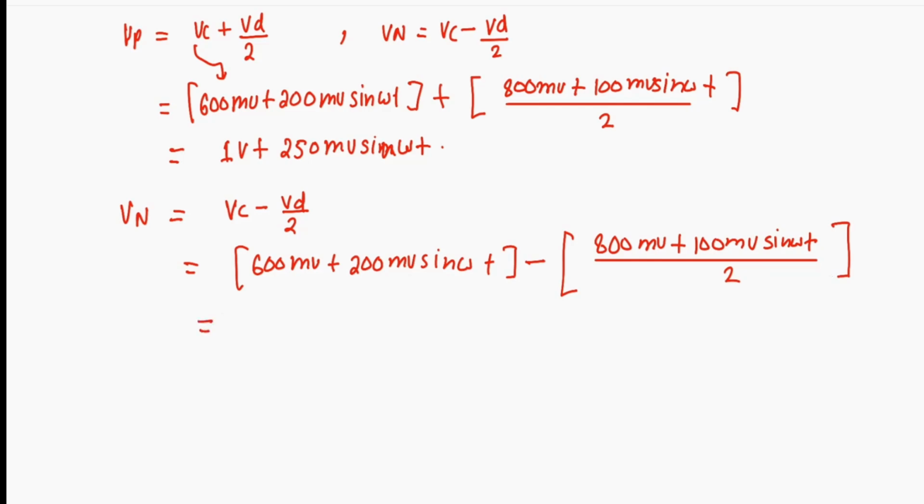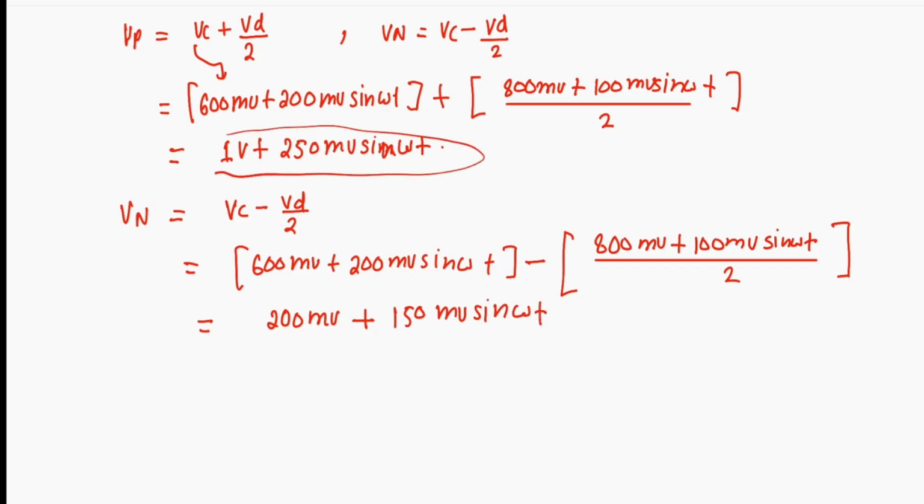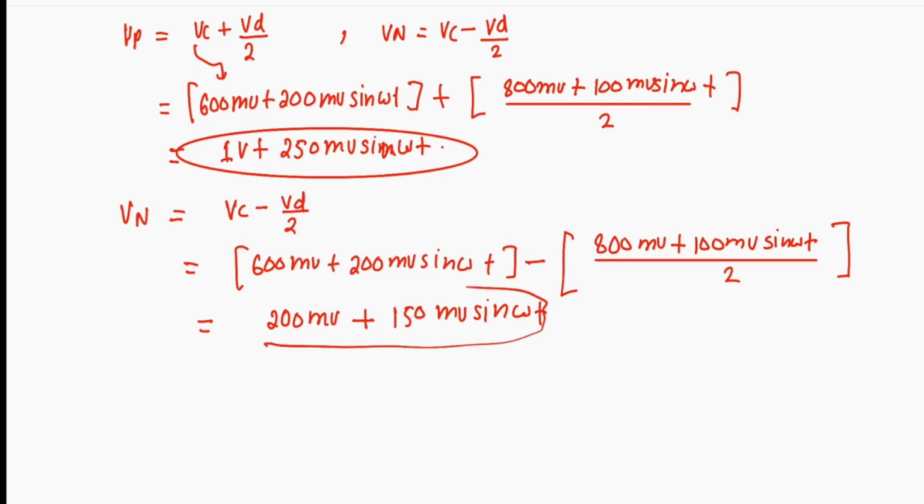So how much will this be? 600 minus 400, so this will be 200 millivolt, plus 200 minus 50, so 150 millivolt sin omega t. At the positive terminal we get 1 volt of DC and 250 millivolt of sinusoidal signal, and at the negative terminal we get 200 millivolt of DC and 150 millivolt of sinusoidal.